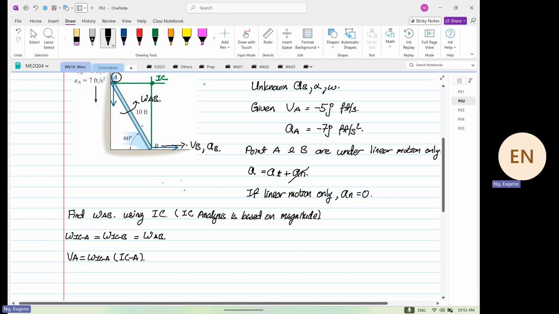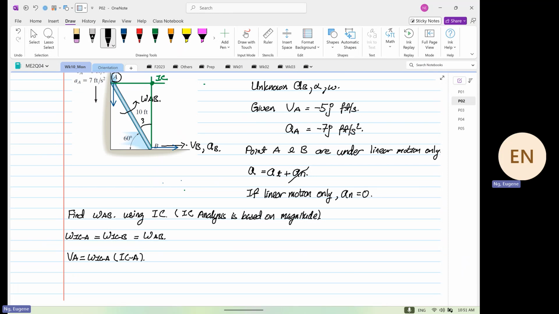Okay. So we know that VA, or we need to find ICA first. To find ICA, we know that this is 30 degrees. Okay, so sine 30 is equal to ICA divided by 10. So from here, we know that ICA is equal to 5.